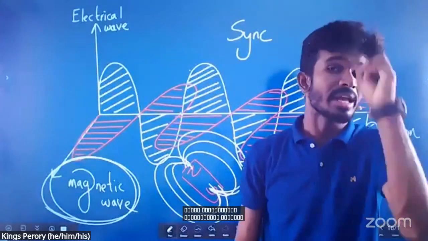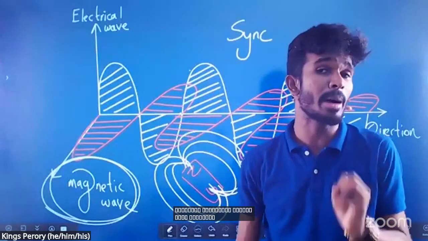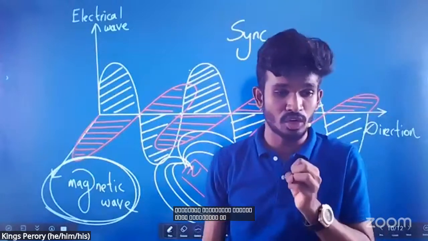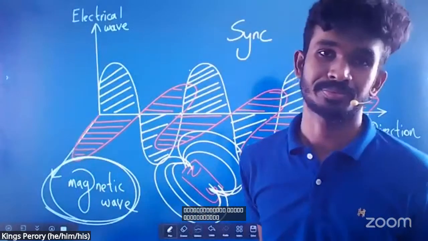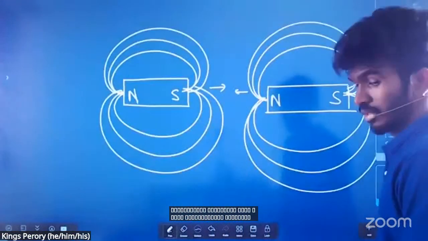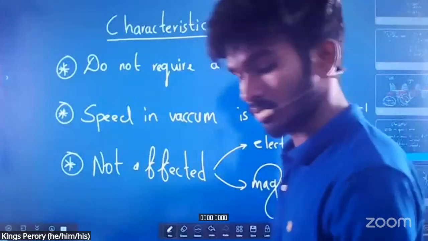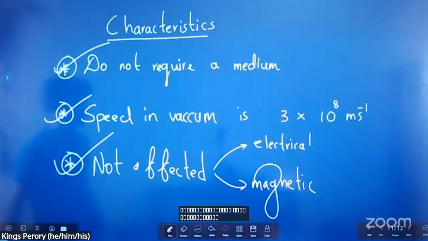Again, I repeat, they are not affected. That's a very important characteristic. So those are the three characteristics of electromagnetic waves.